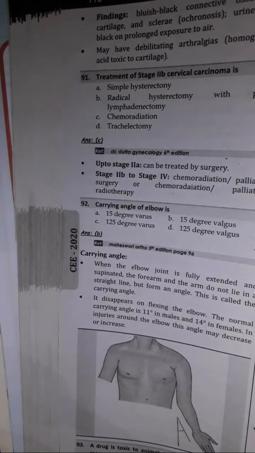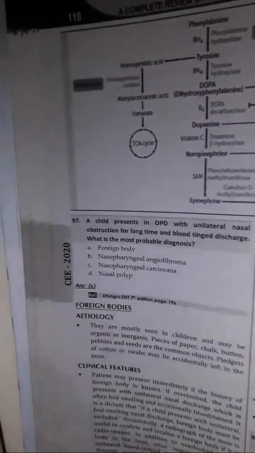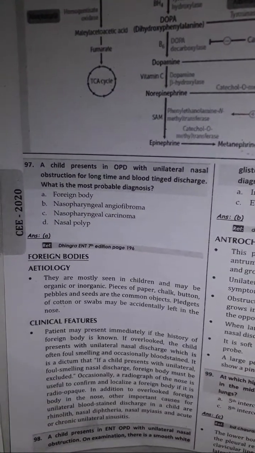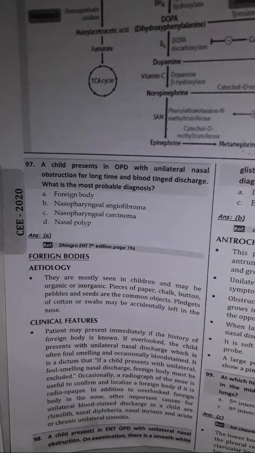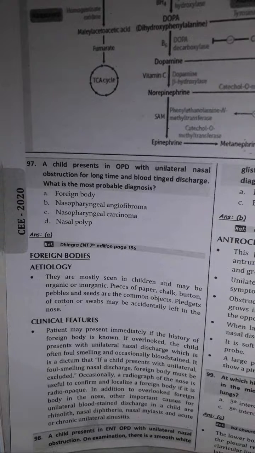Now another question. A child presents in OPD with unilateral nasal obstruction for a long time and blood-tinged discharge.